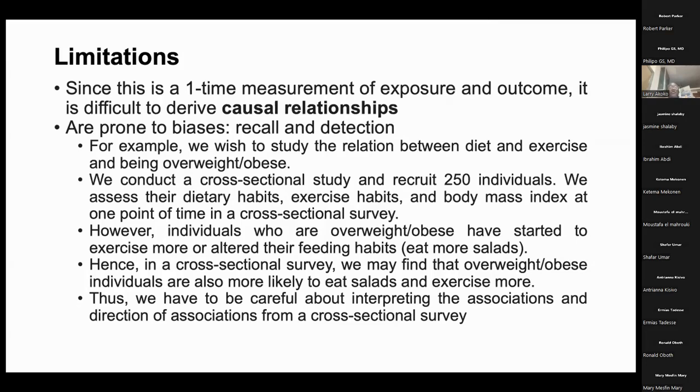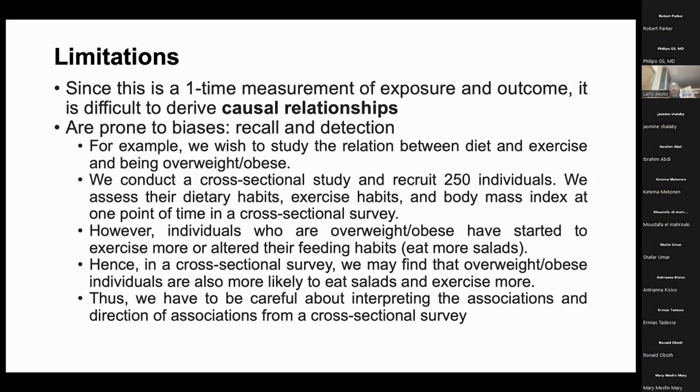However, individuals who are overweight or obese have started to exercise more or altered their feeding habits. So during your 1-point survey, you find, yes, they are obese, they are only eating salad, and they're doing exercise. So your cross-sectional study will conclude that being overweight is associated with taking salad and exercising more. So somebody who doesn't know how to interpret it will say exercise and salad increases weight, predisposes to overweight, which is wrong.